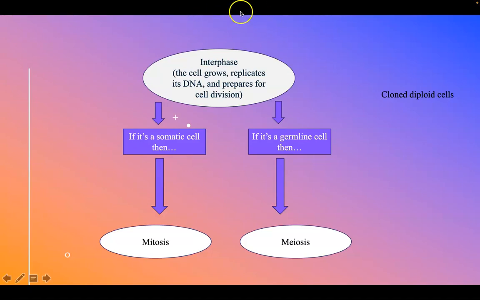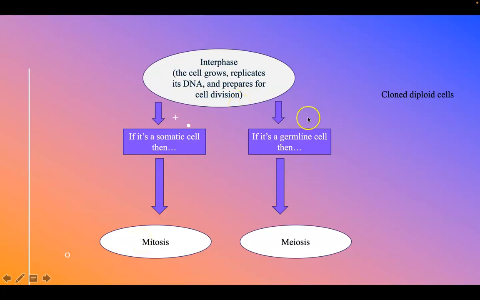So we have interphase, which is where the cell is growing, replicating its DNA, and preparing for cell division. What we just talked about was somatic cells. So we have interphase, which comes before a somatic cell enters mitosis. Interphase is also happening in sex cells, though.